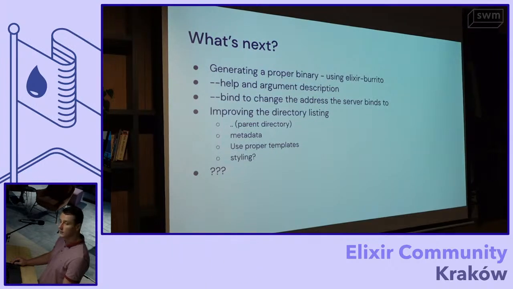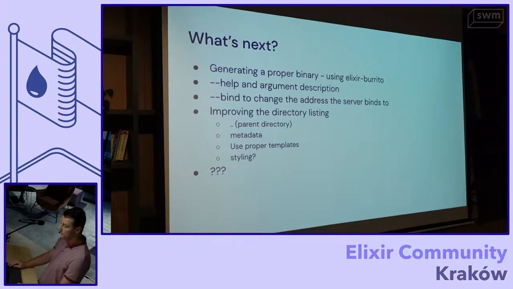And for that, I think using Elixir Burrito seems like a good option. Basically, it uses Zig and Ziglang to create a wrapper around the whole application and generates a binary that embeds the whole OTP and everything needed for the app.